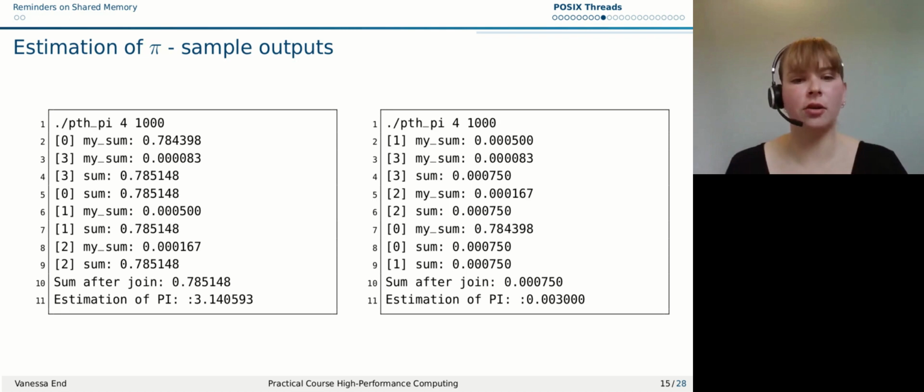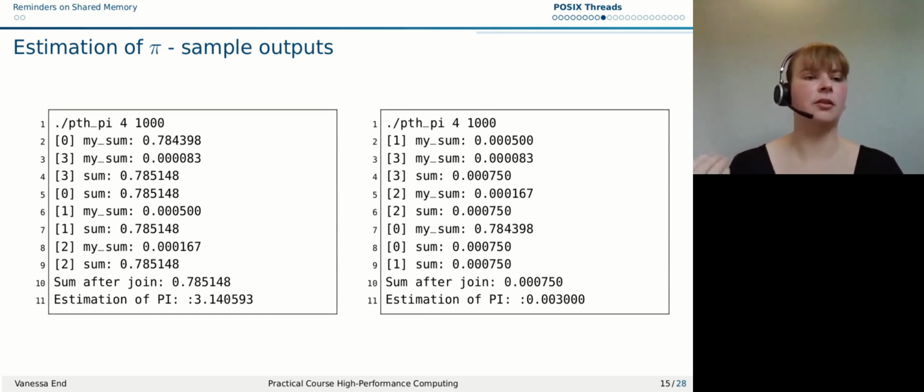They're not protected. So as you already see here, thread 3 is already printing out the sum before thread 0 has printed it out. So they must have been accessing it at the same time, or at least very close to each other. Everyone has the same value for sum. So also here, this can't be correct.